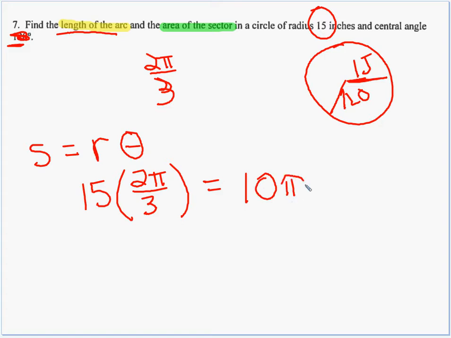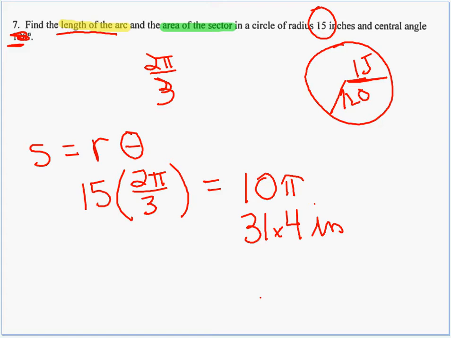So 10 pi. For the length of the arc, I'd rather see that as a number, maybe with a decimal in it. 10 times pi is 10 times 3.14, or 31.4 inches. Don't forget the units here because this is an applied problem.